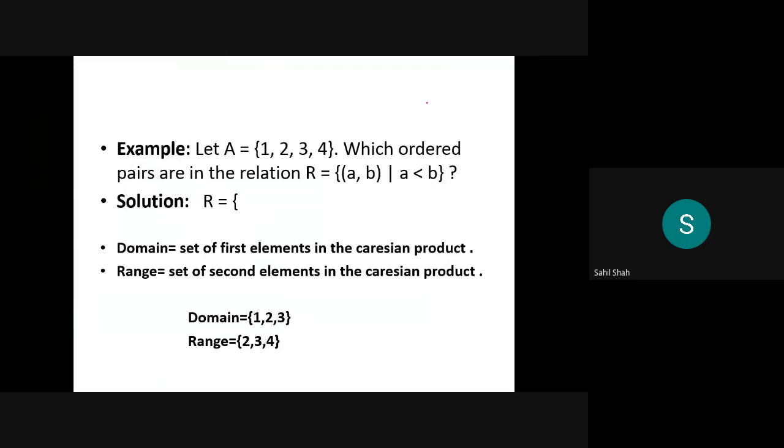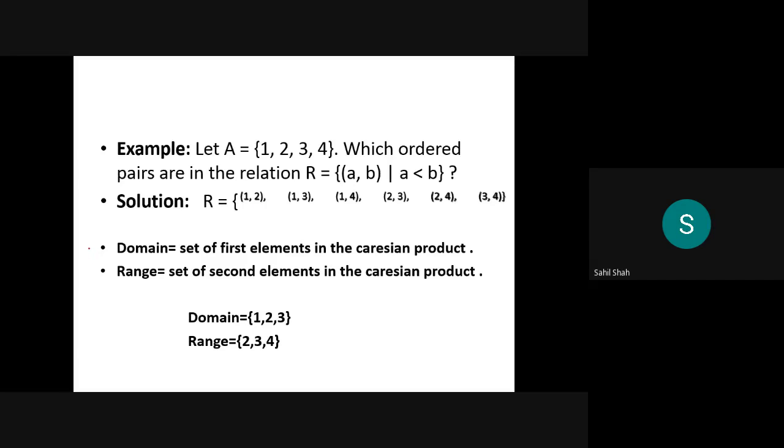Others can simply tell me what the answer will be. a less than b. So we will have the first pair as 1, 2. Second, I will have 2, 3. 1, 3 is also valid. I will have 1, 4, then 2, 4. So these are the only possible pairs for this. Okay, we are having 3, 4 as well.